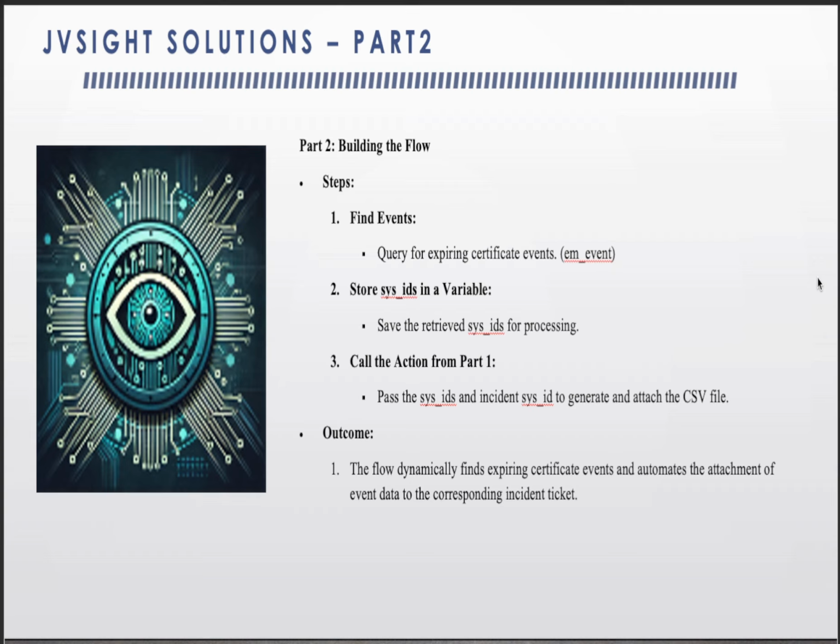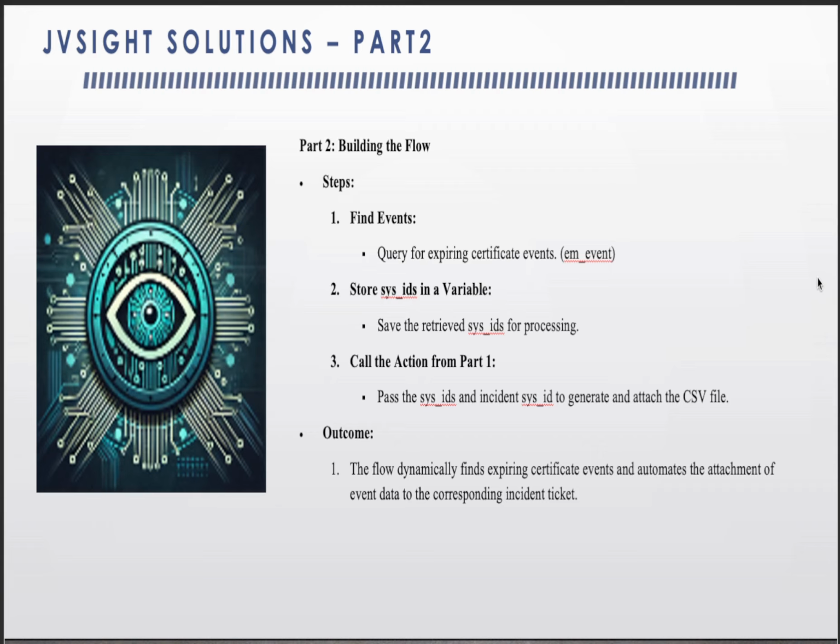Then that variable is going to be used to pass all the sys IDs into the action, so it can go through the events, create a CSV file, and attach it to the incident. And to make this a little bit more exciting, if events are found, we're going to create the incident record.